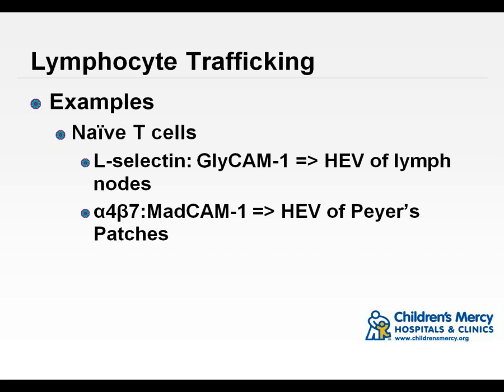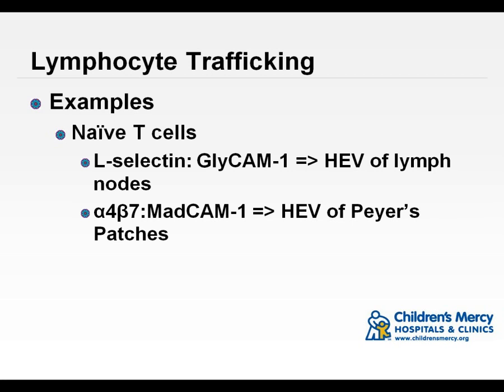Okay, so I think this is actually the last thing that's covered in this part of the Sompayrac text. And it introduces the idea of lymphocyte trafficking. I think I mentioned earlier that there's something called chemokines that are cytokines. The chemokines are cytokines that tell cells where to go.